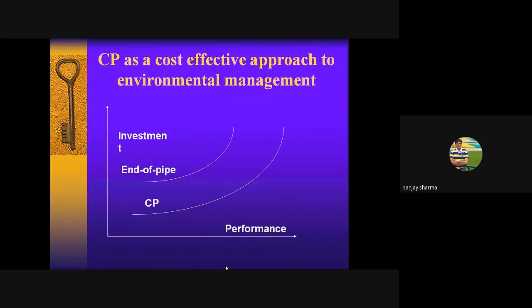If you compare this, on this side is the investment, on this side is the performance. This is cleaner production. This is end-of-pipe technology. So investment is low, and performance is better if you are adopting cleaner production techniques in any type of system.